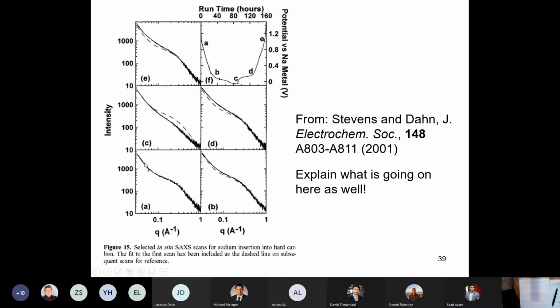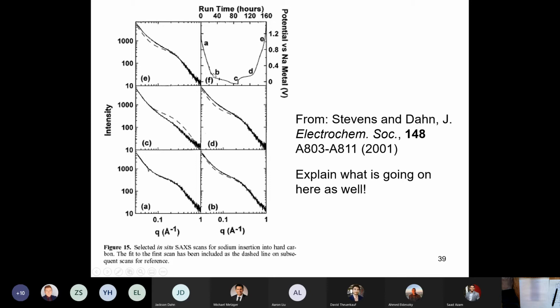So A represents the small angle X-ray scattering pattern taken at the beginning of the experiment when there's no sodium in the material at all, just empty pores. And you see this hump due to the pores in the nanoporous carbon. And then you go to B, which is adding sodium on this sloping part, okay? The sloping part.